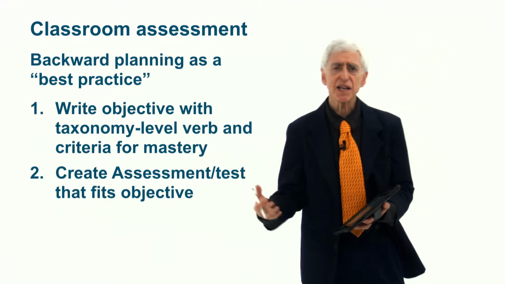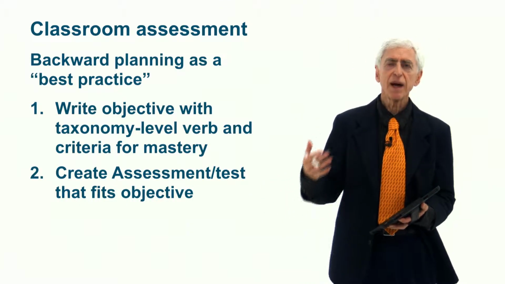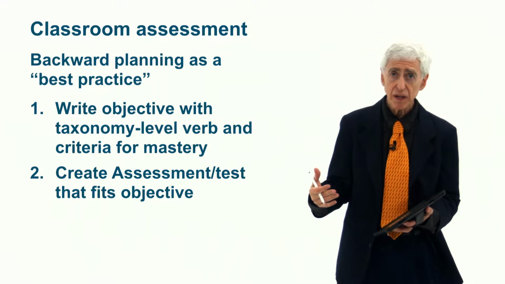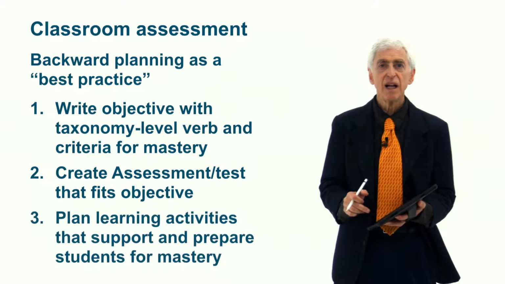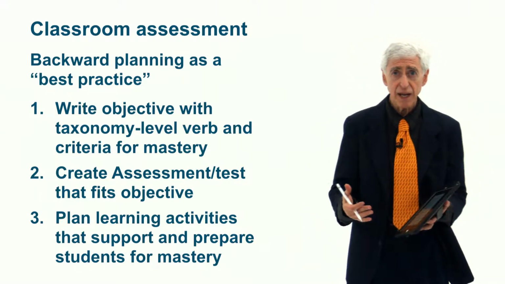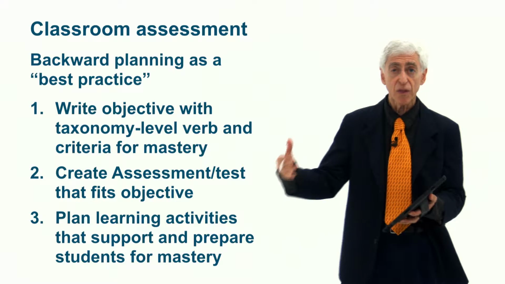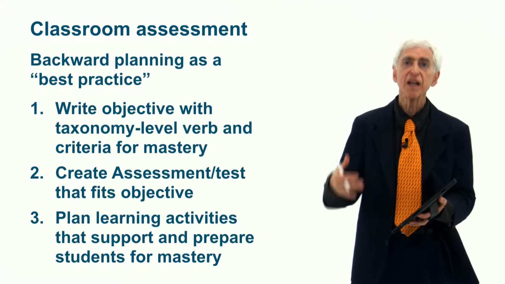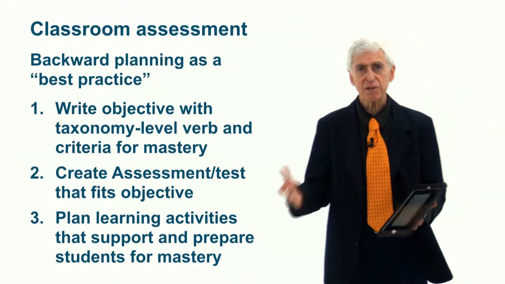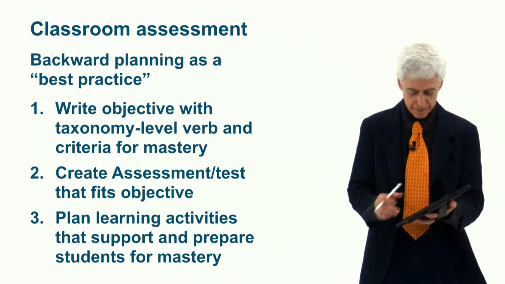We create the assessment then of what it is that students are going to do to prove that kind of mastery. And then we plan the activities that students are going to participate in that will get them ready for that assessment to show mastery of that skill or that concept. That's backward planning.